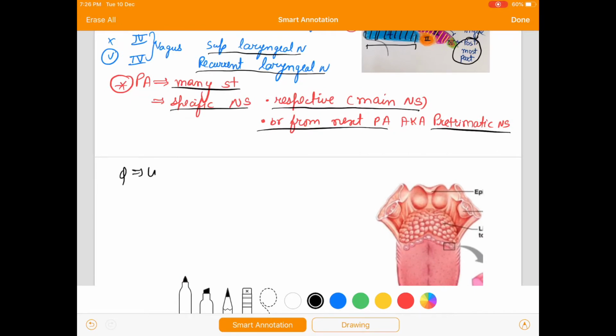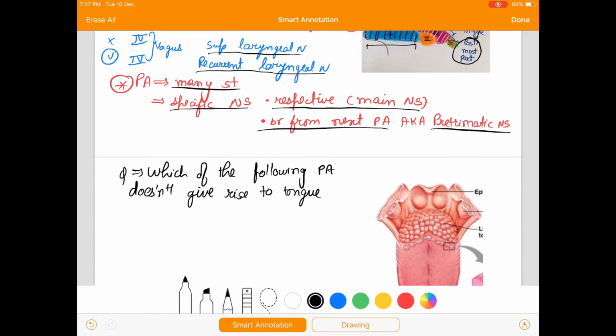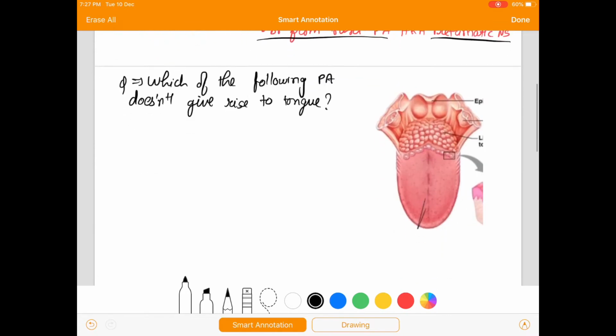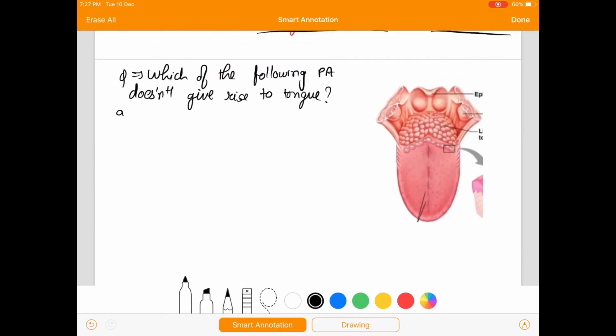Which of the following pharyngeal arches does not give rise to the tongue? The options are A, first arch, B, second arch, C, third arch, and D, fourth arch.